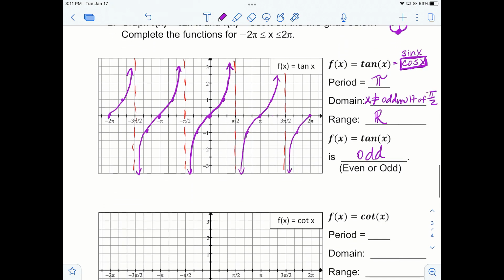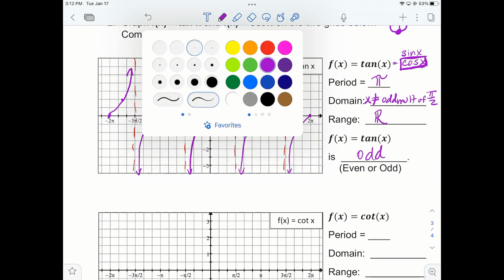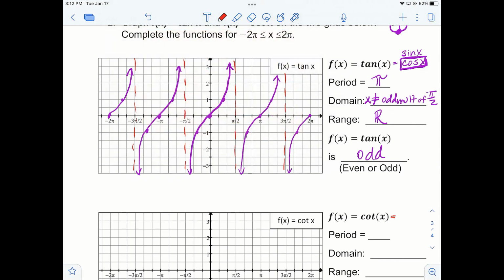So let me do cotangent this way. I'm not going to do it necessarily from tangent. I want to say this. Well, cotangent is going to have the same domain as whom? Well, cotangent is cosine over sine. So if sine is on the bottom, just like cosecant, cotangent is going to have asymptotes where sine is 0.